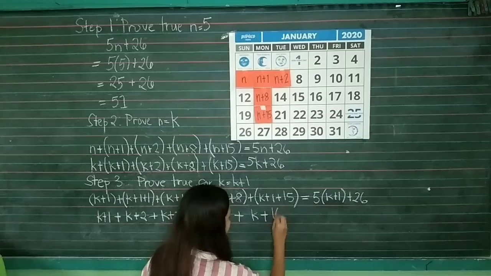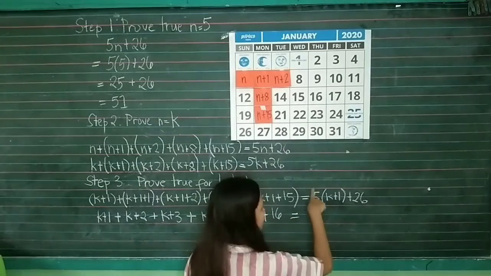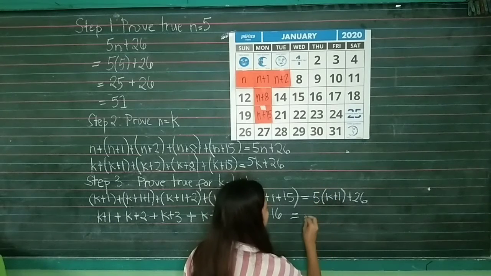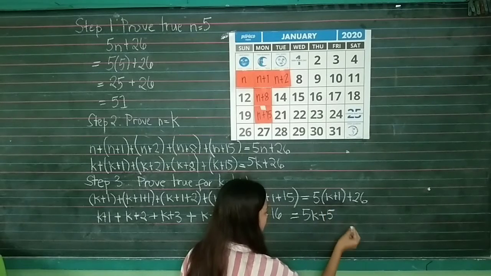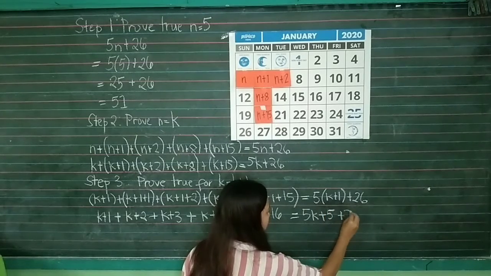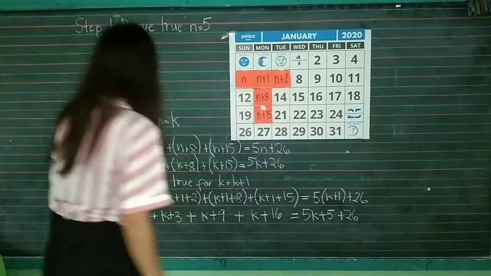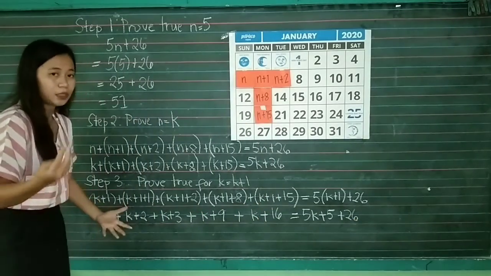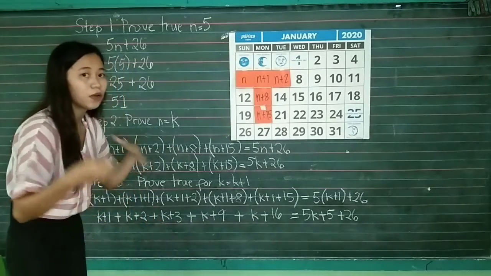Plus 16 is equal to, distribute the 5. So it becomes 5k plus 5, because 1 times 5 is 5, plus 26. So, the last part of proving is to combine like terms. It is always just combine like terms.